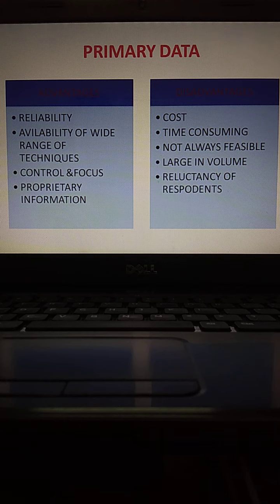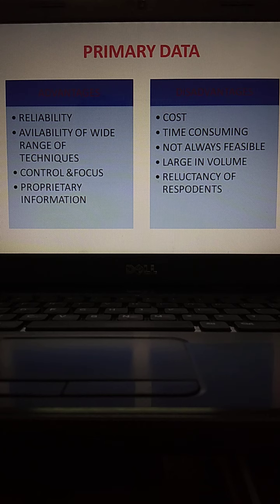The next one is time consuming. Within a short period of time, if you want to make any decision, it's very difficult through the primary data. It takes a minimum amount of time to collect the primary data, and after that you need to analyze it. Hence the primary data is more time consuming.